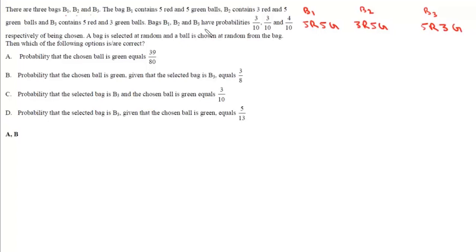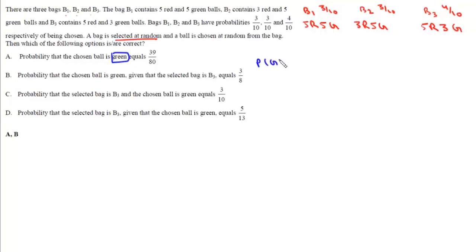Now bags B1, B2 and B3 have probabilities of 3 by 10, 3 by 10 and 4 by 10 respectively of being chosen. A bag is selected at random and a ball is chosen at random from the bag. Then which of the following options is or are correct? Now the first one is the probability that chosen ball is green.